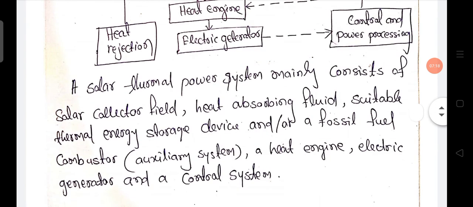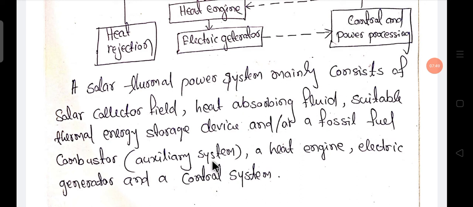A solar thermal power system mainly consists of a solar collector field, a heat absorbing fluid, a suitable thermal energy storage device, and a fossil fuel combustor, which is an auxiliary system.